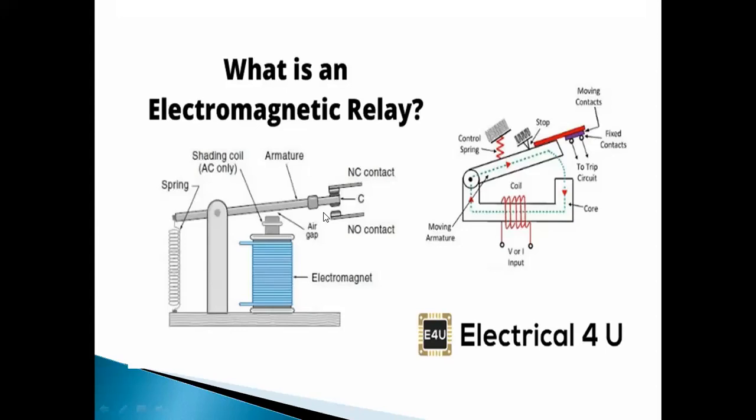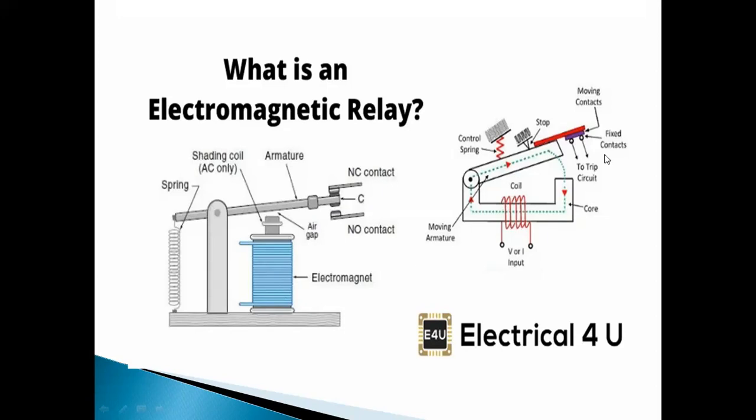your relay contacts are normally open. So under normal working conditions these contacts are normally open, but when a fault occurs these contacts get closed. So how actually do these contacts get closed? Because here is one electromagnet, means there is one operating coil.